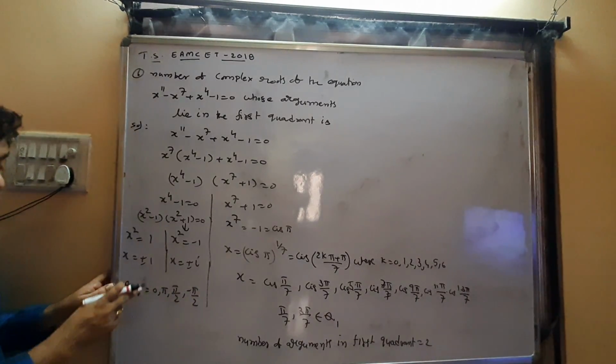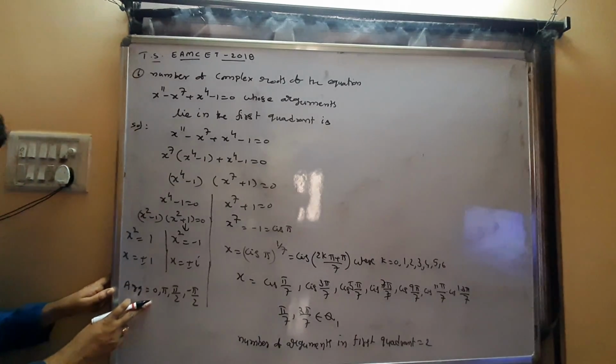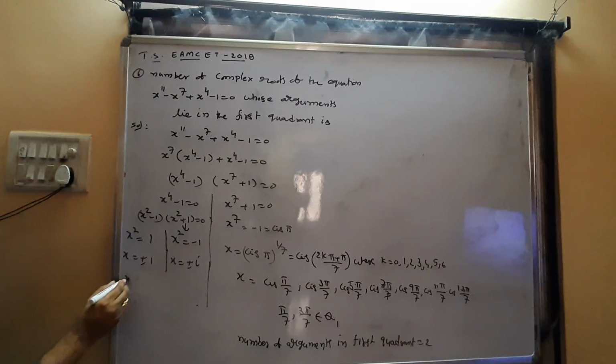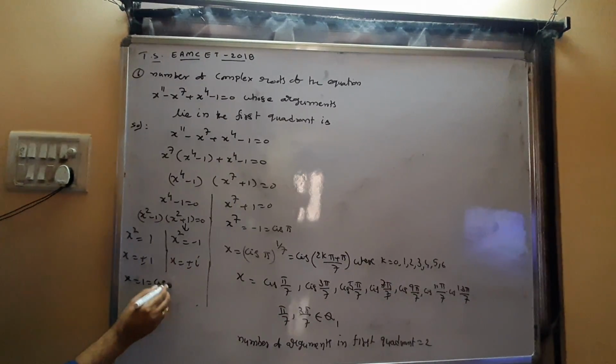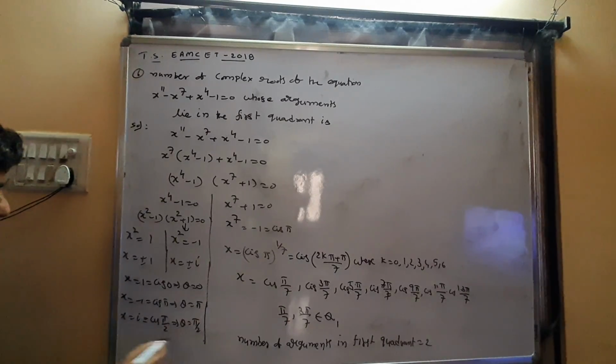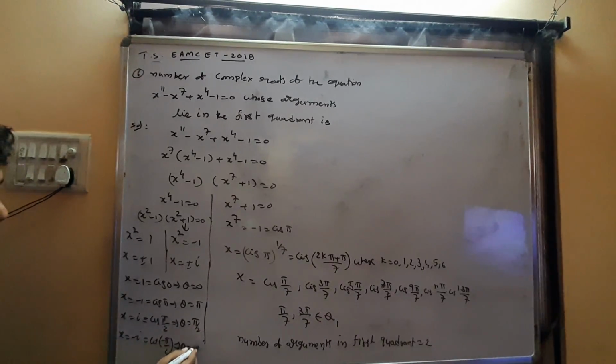Plus 1 means x equal to 1, argument theta equal to 0. x equal to minus 1 means it is pi, argument theta equal to pi. x equal to i means it is pi by 2, argument theta equal to pi by 2. x equal to minus i means minus pi by 2, argument theta equal to minus pi by 2.